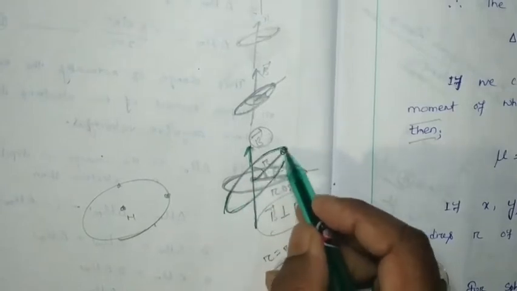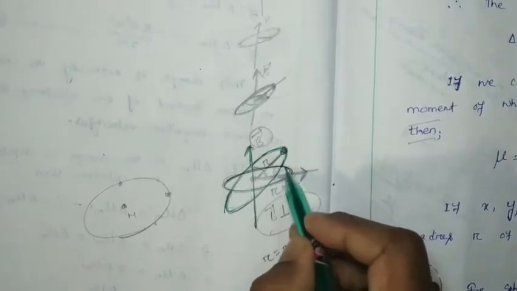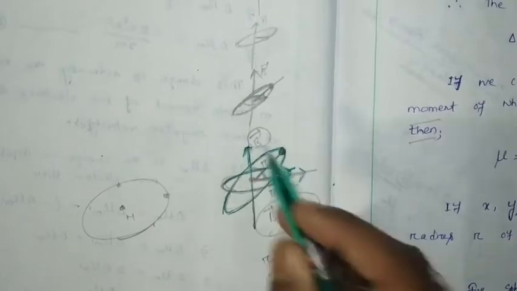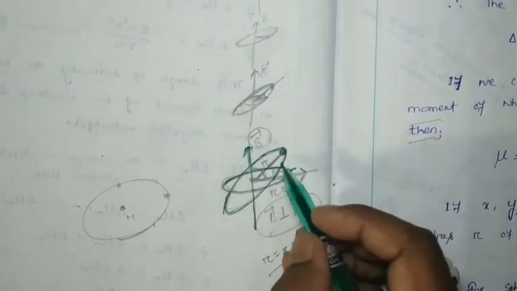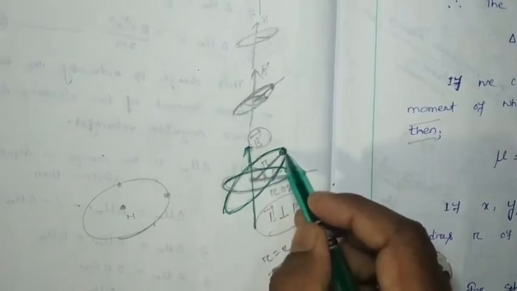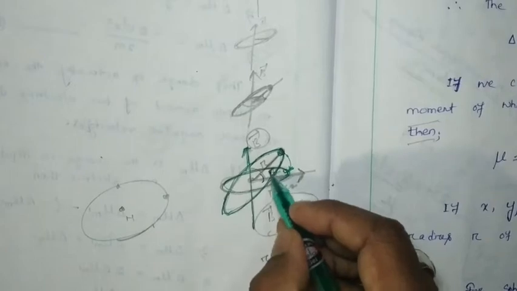transform this situation so that the orbit is perpendicular to the magnetic field. If this orbit is transformed in this way, then the orbit will be called perpendicular to the magnetic field. So if we have to transform this orbit from this position to this position, then I have to move it by the angle theta.